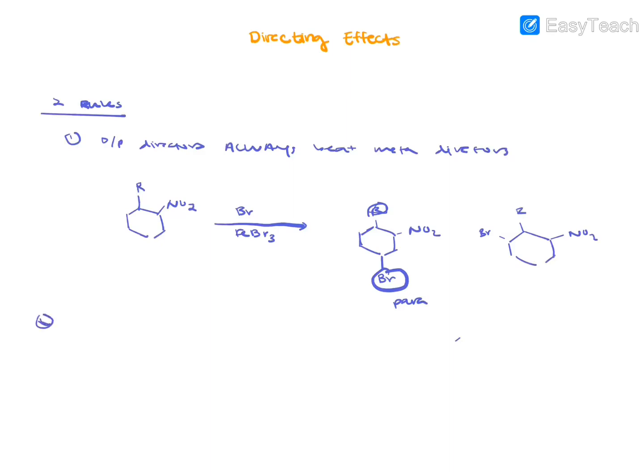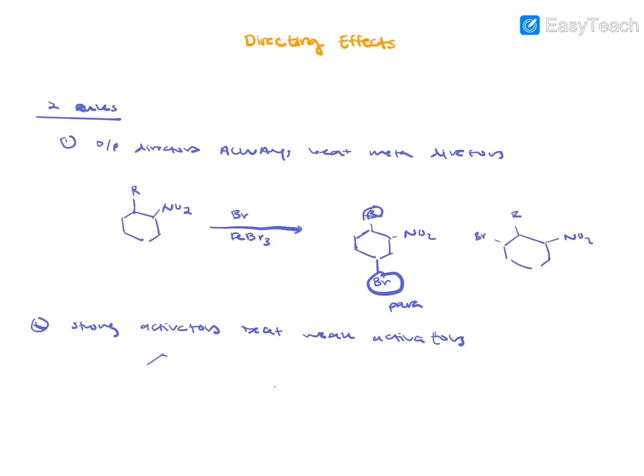And our second rule to remember is that strong activators beat weak activators. So if we had an OH group, which is a really strong activator, and we also had a bromine group, which is a pretty weak activator, and we were doing the same reaction, adding a bromine group, our product will end up being, or that should be an OH.